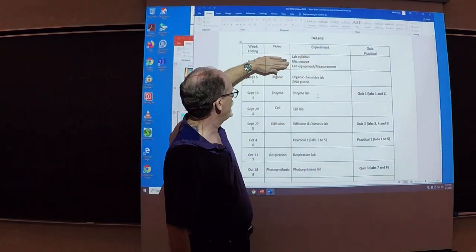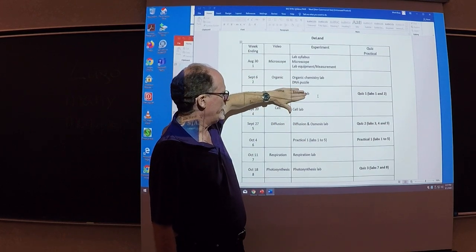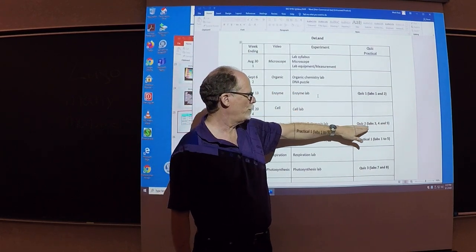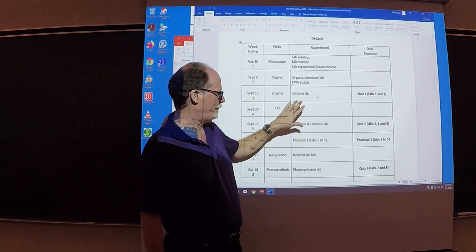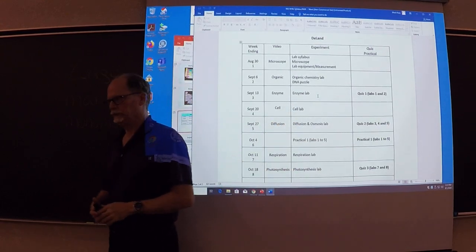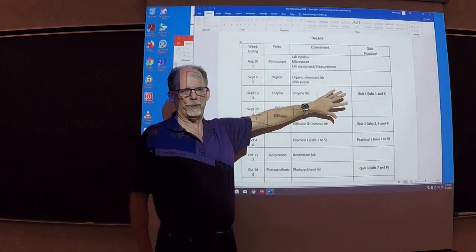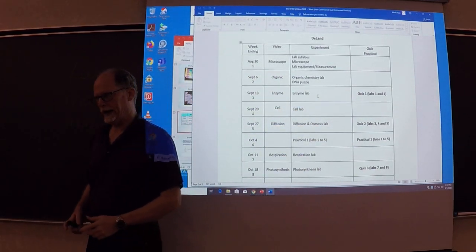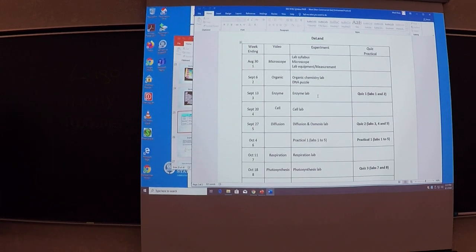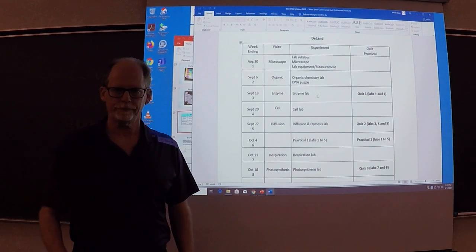Quiz 1 covers labs 1 and 2. The enzyme lab will be on quiz number 2, as well as the cell lab and diffusion lab. So you can use this schedule to help see when and what's going to be on the quizzes. Okay, so anyway, study hard.